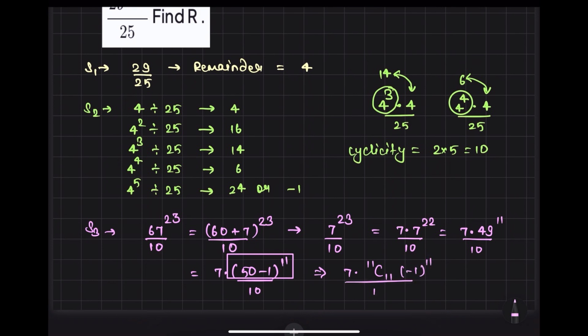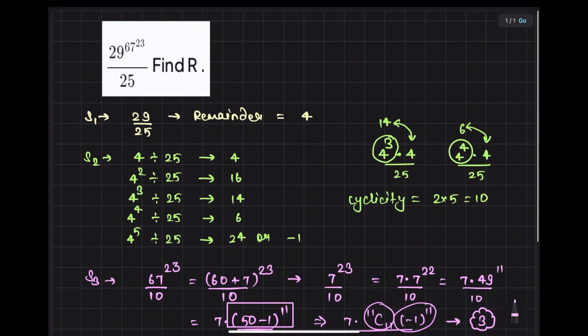So 11 C 11 is 1, and this is minus 1 because minus 1 power odd is minus 1. So minus 7. We got minus 7 as the remainder. You know that minus 7 cannot be the remainder, so the remainder is 3. So in this case we got remainder as 3.